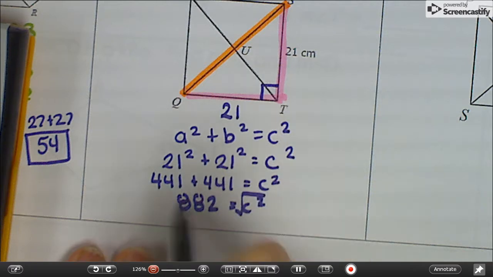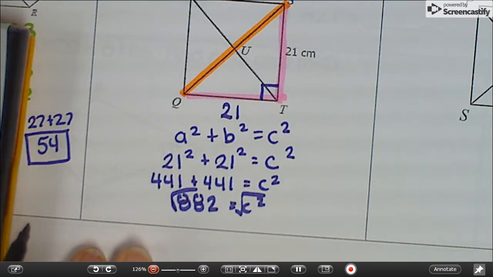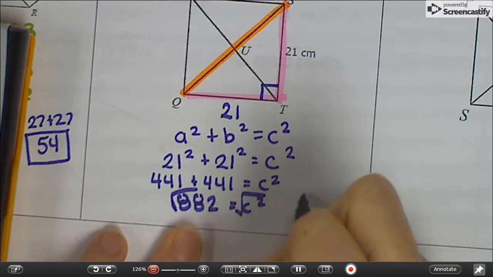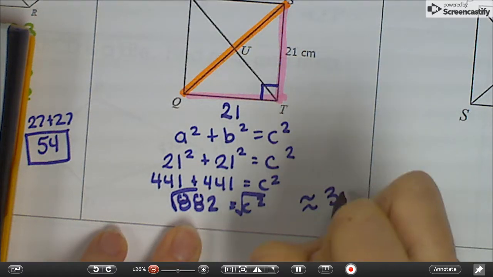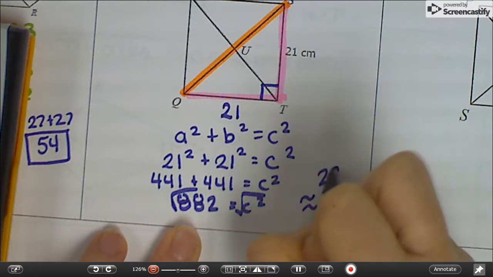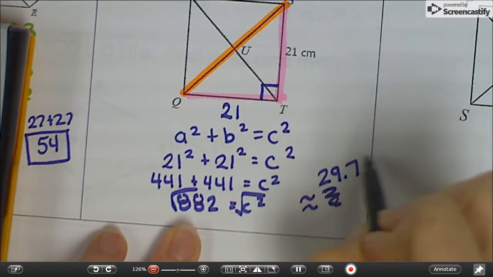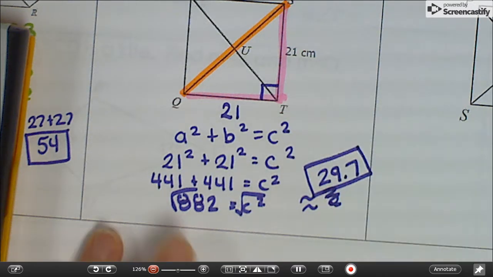And we want to take the square root. And that equals approximately 29.7. And again, that's not degrees, it's centimeters. Because we're looking for a length, we're not looking for the degrees.